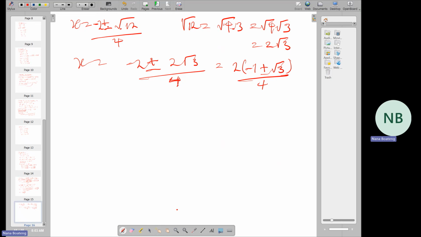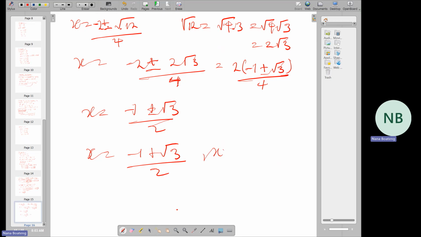All right. And so 2 divides 4 two times. So x is equal to -1 plus or minus square root of 3 divided by 2, which means x is equal to -1 plus square root of 3 divided by 2, and x is equal to -1 minus square root of 3 divided by 2.